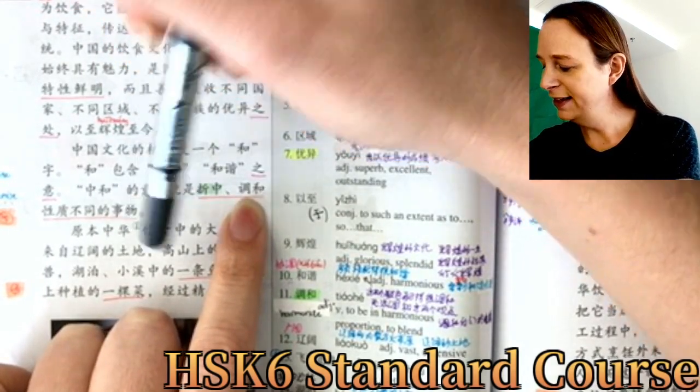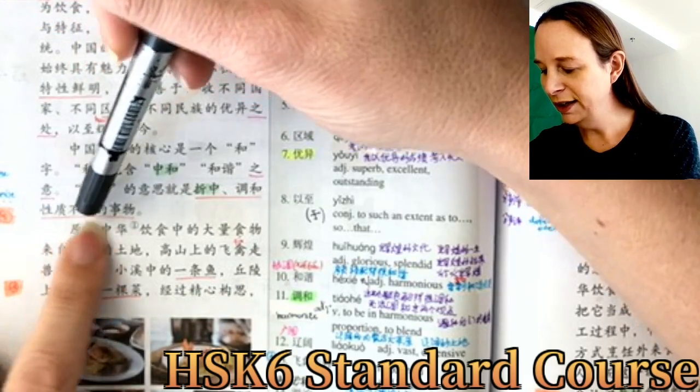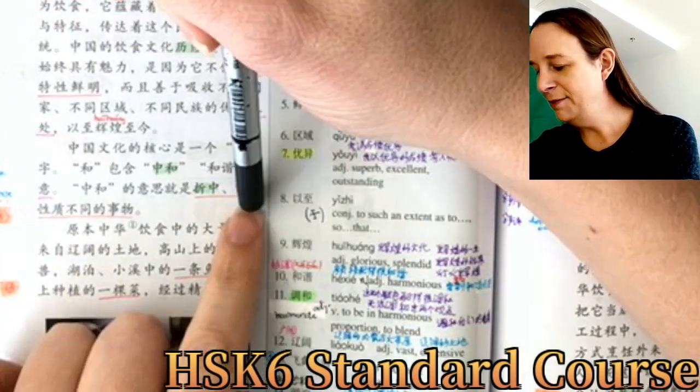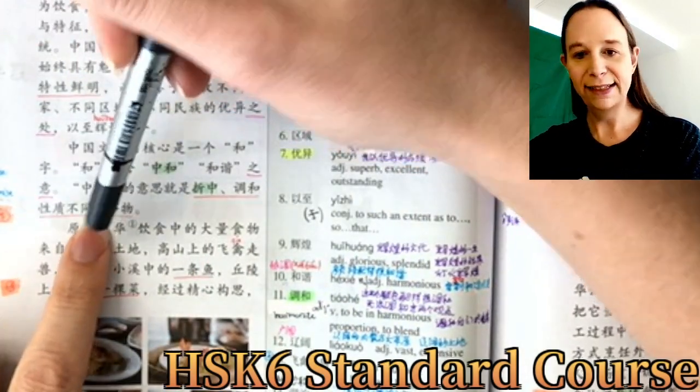Harmonize what kind of things? Harmonize 性质不同的事物, things with different properties.